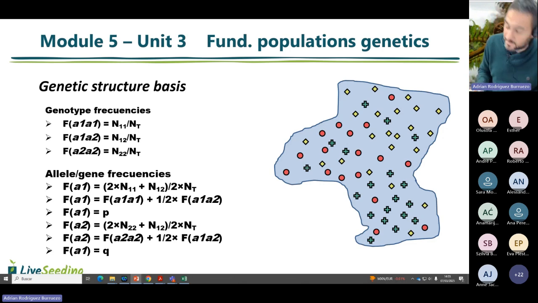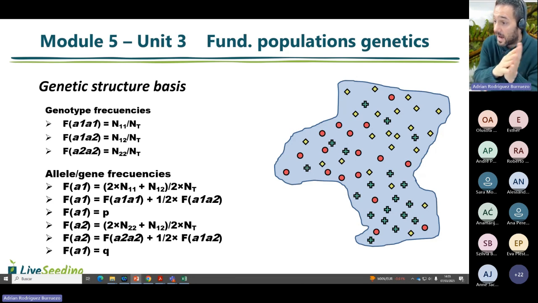And if we made the estimation well, all three should make 1, because the total proportion of the population is 1. So we have estimated the genotype frequencies. This is one of the parameters which define the genetic structure of a population.